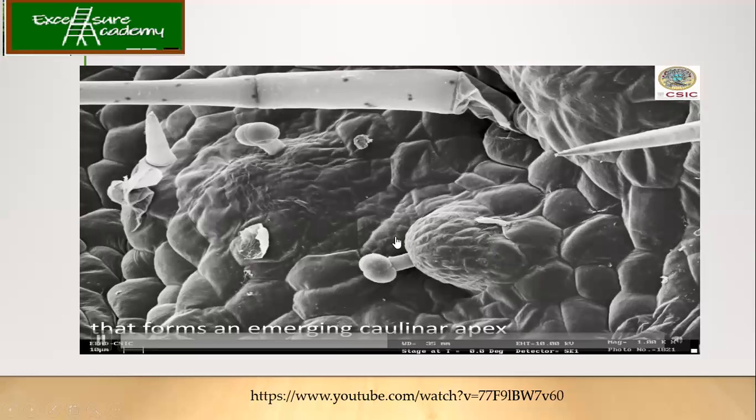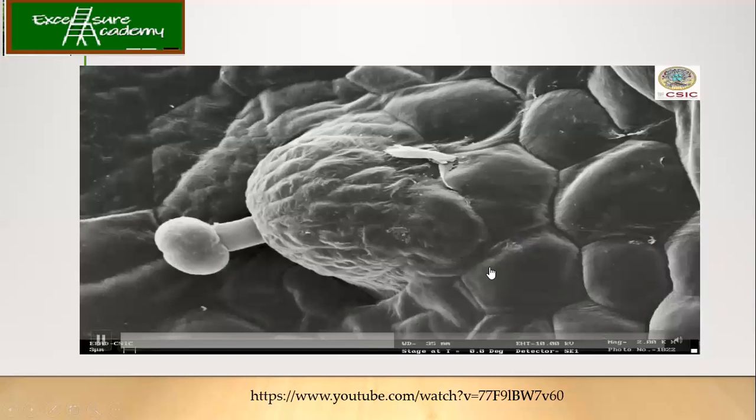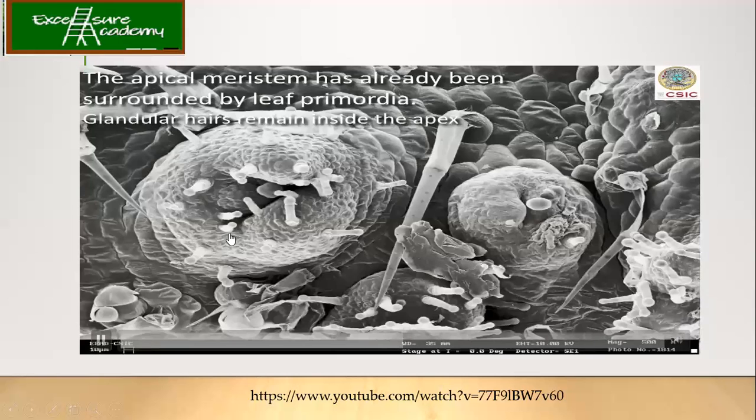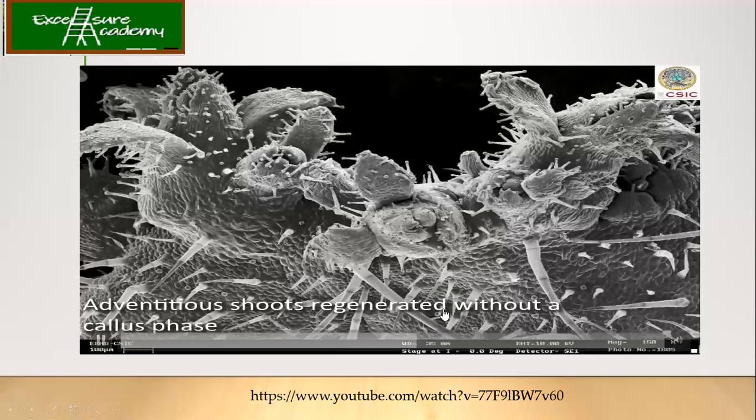They are the apex emerging from here on the top. Again, the image of the apex is shown over here. Then these are the leaf primordia. Then here the shoots are getting regenerated.